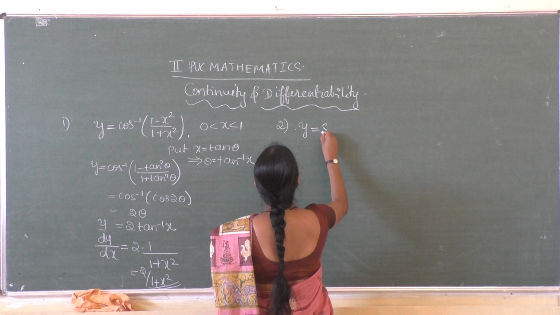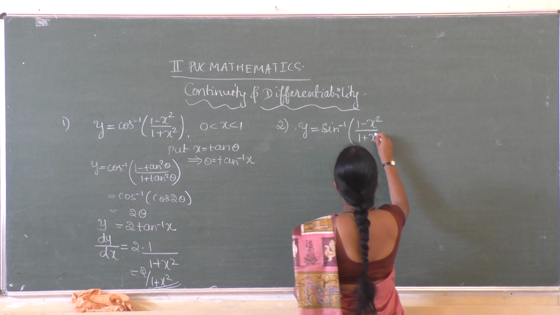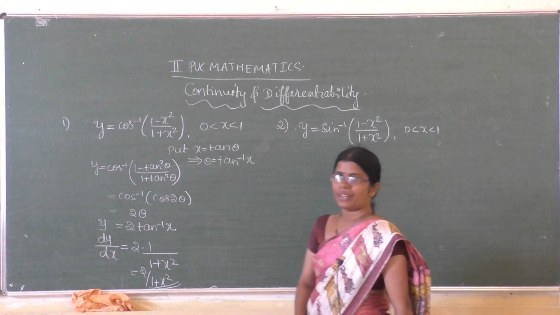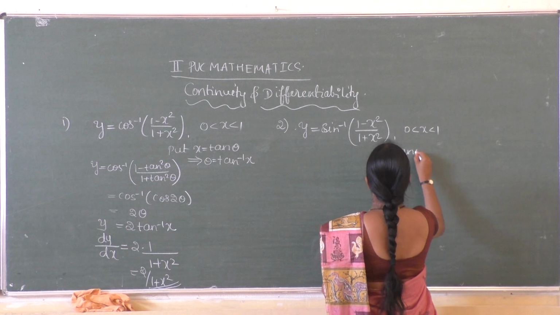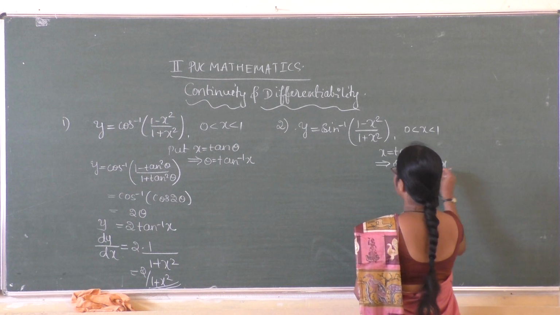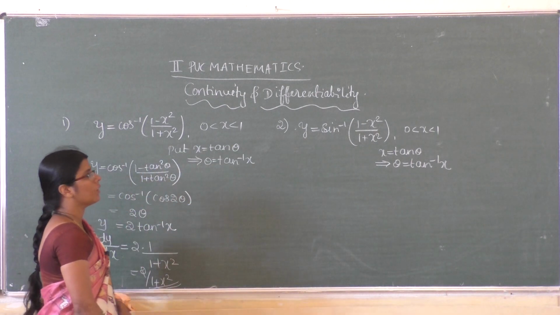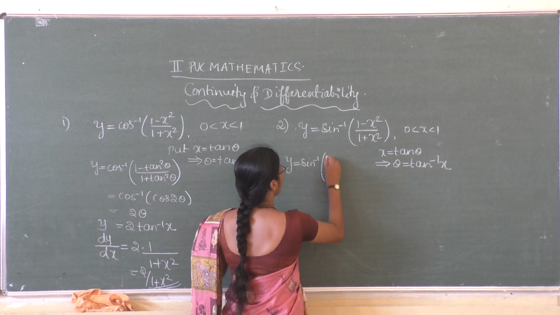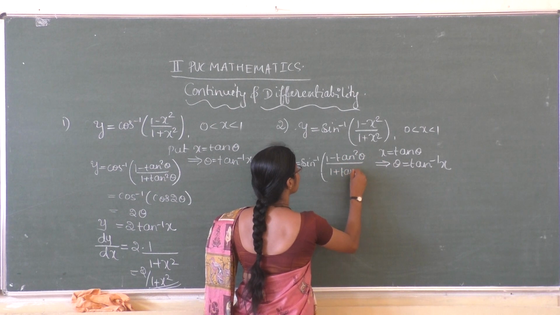y equal to sine inverse of (1 minus x square) by (1 plus x square), 0 less than x less than 1. So here also, substitution x is equal to tan theta, which implies theta equal to tan inverse of x. So y equal to sin inverse of (1 minus tan square theta) divided by (1 plus tan square theta).